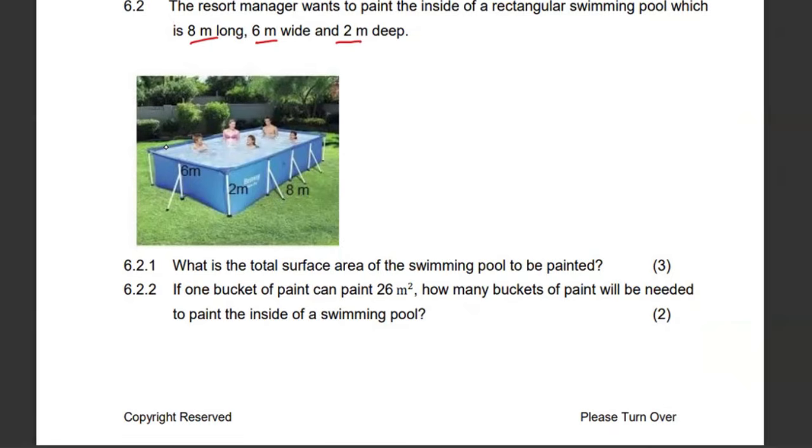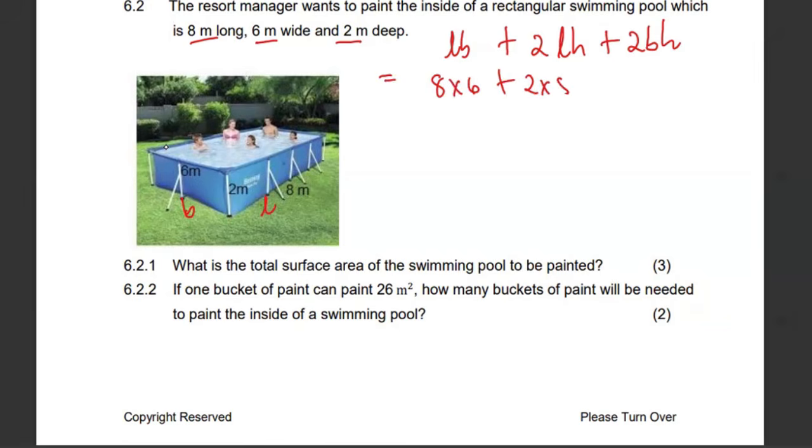Meaning that instead of us having twice length and breadth, plus twice length and height, twice breadth and height, the bottom part, the length and the breadth, is just going to be one side, which is going to be 8 times 6, 2 times 8 times 2, 2 times 6 times 2.